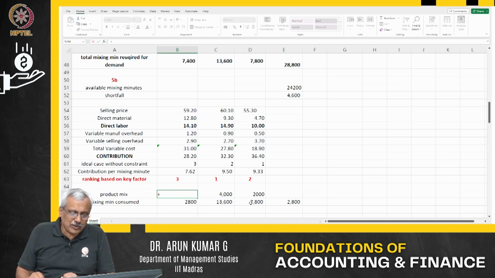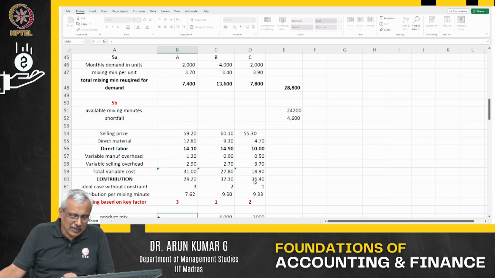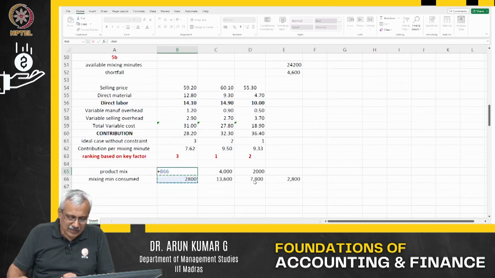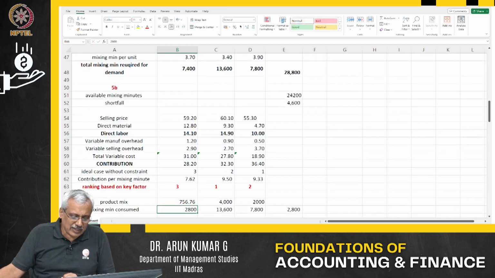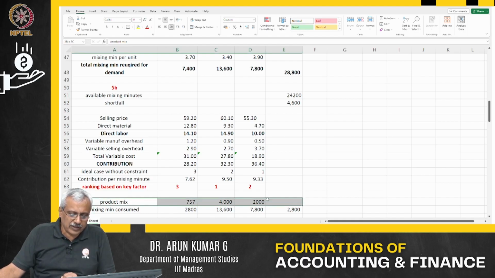How many units am I going to manufacture? This is the number of mixing minutes available, and each unit requires 3.7 mixing minutes. So I am going to manufacture 756, or I will remove the decimal here, 757 units of product A. This is going to be my product mix in this particular case.